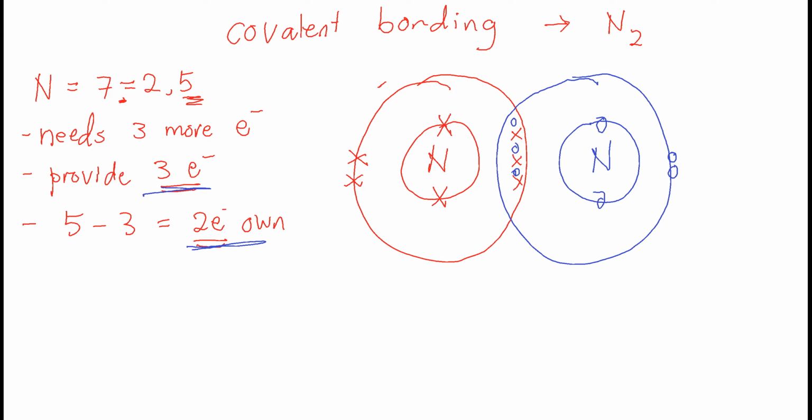Now notice there are 3 pairs of electrons involved in the bond. So that is a triple bond. So the simplified diagram for the nitrogen molecule is 2 ends covalently bonded together by 3 covalent bonds, each line representing a pair of electrons.